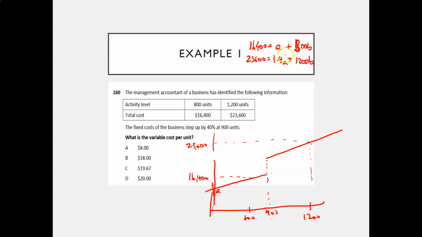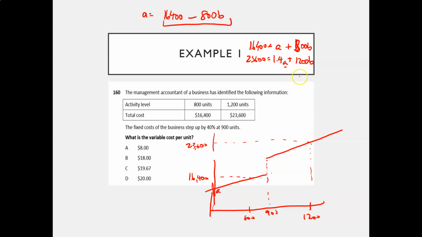So again, in the classic simultaneous equation route, I actually think you didn't have to do that. You could. It's long-winded. I'm just showing you all the methods you can use. You could have said, well, therefore, A is equal to 16,400 minus 800B, and you could substitute all of this in here.